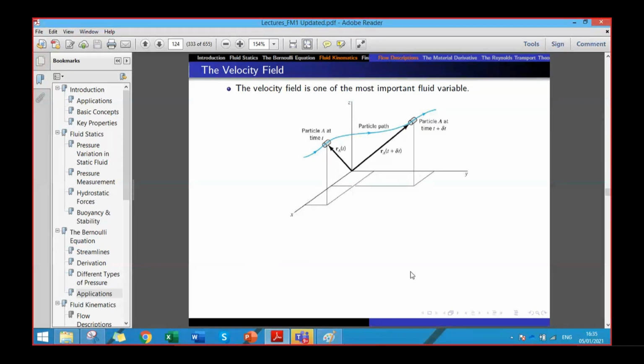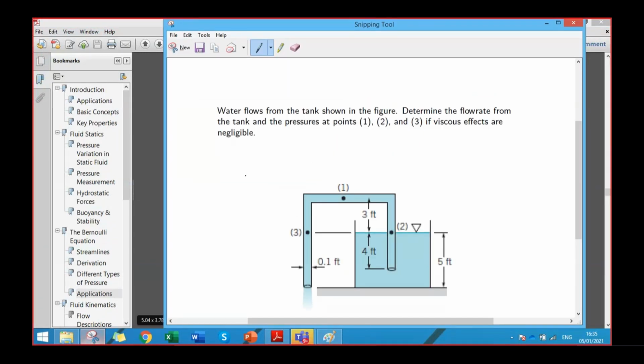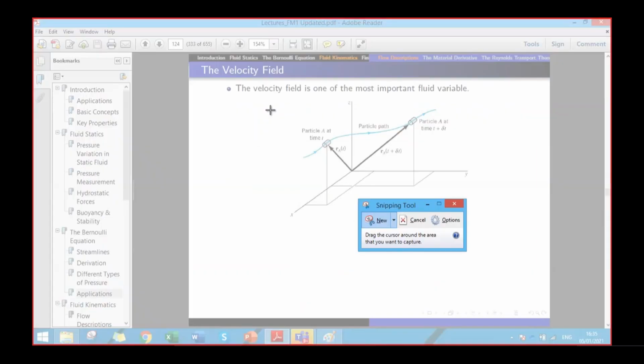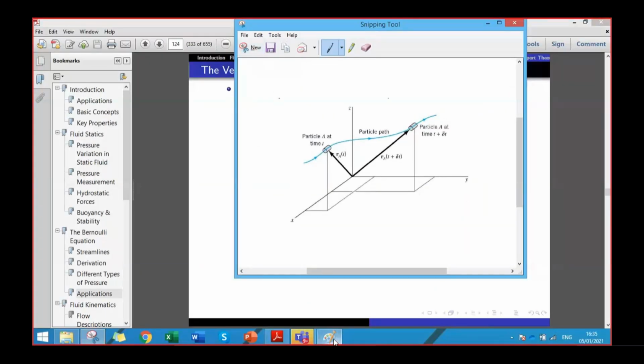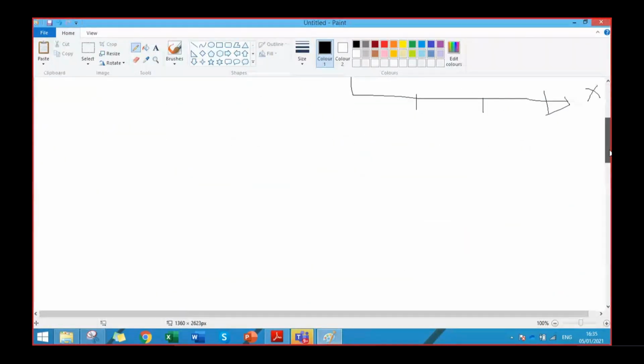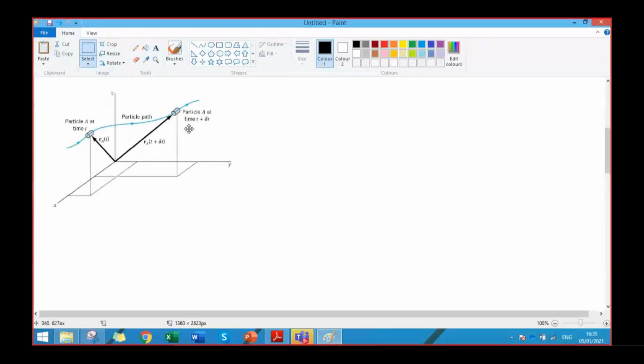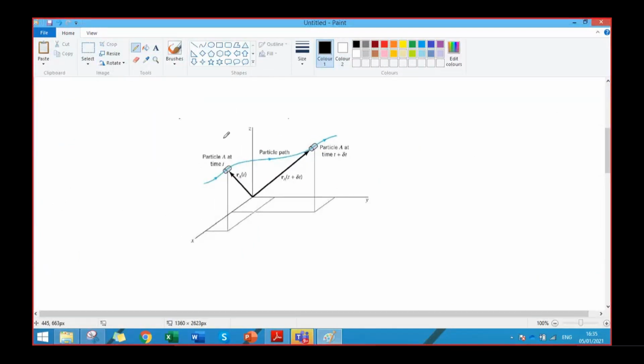Let's say we have particle A whose initial position is defined by this position vector Ra, and this R is a function of time t. This position A is defined at some time t. So this position is, let's say, xa, ya.